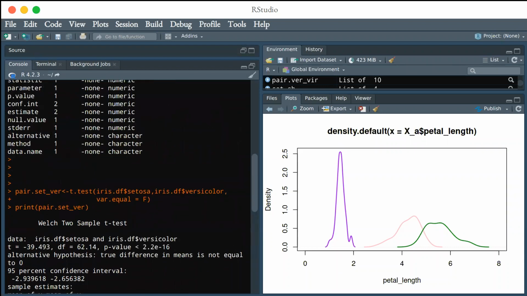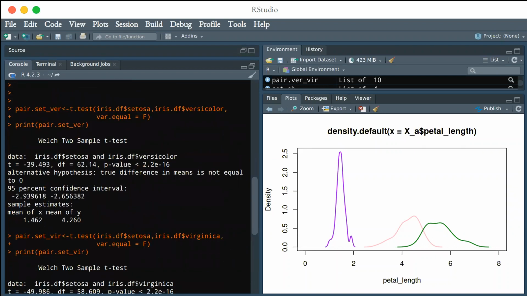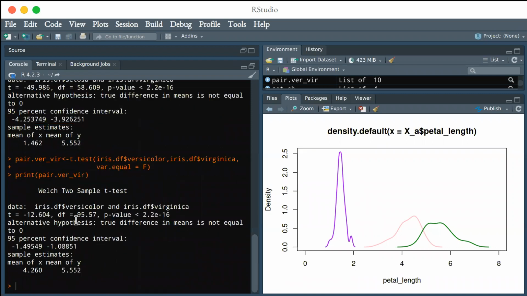So the 3 cases, the first one is comparing Setosa to Versicolor. The average difference is about 2. The average petal length for setosa is less than the average petal length for versicolor by about 2, and you can see 0 does not fall in that interval.